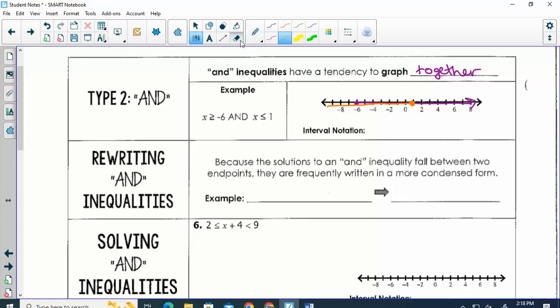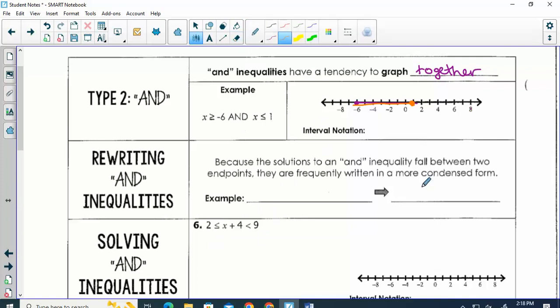Okay, our actual answer, the only piece we want graphed, is where they overlap. So it's essentially just between those two numbers is what we want for the final piece. The AND is saying we only want the numbers that make both this one and this one true. So when we're graphing these ANDs, it will be in between two pieces.